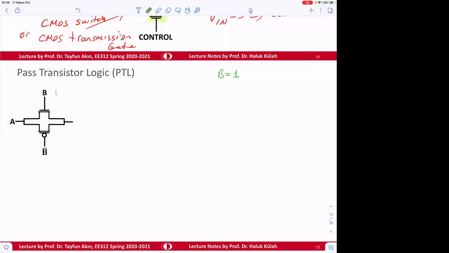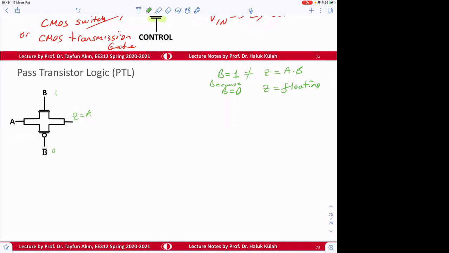So if we apply here 1 and then if we apply here 0, output Z is going to be equal to A. But this doesn't mean that Z is equal to A dot B, although it looks like it, because when B is equal to 0, Z is floating.